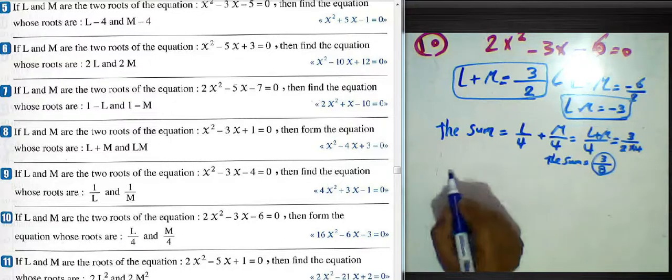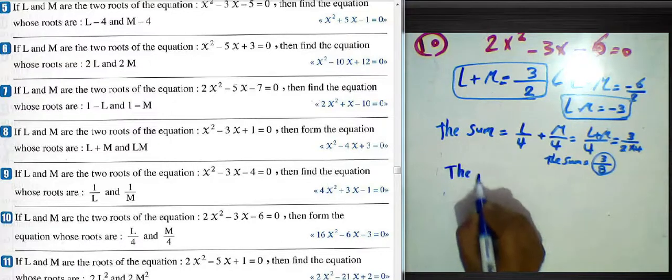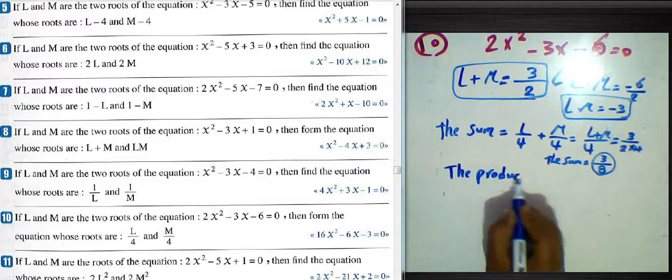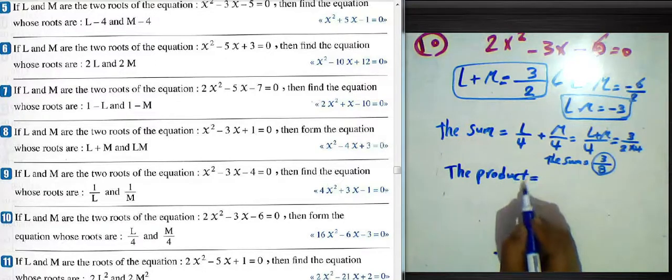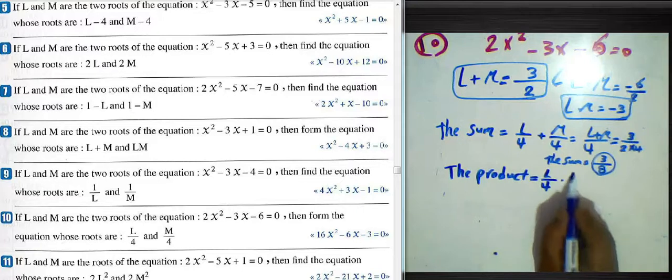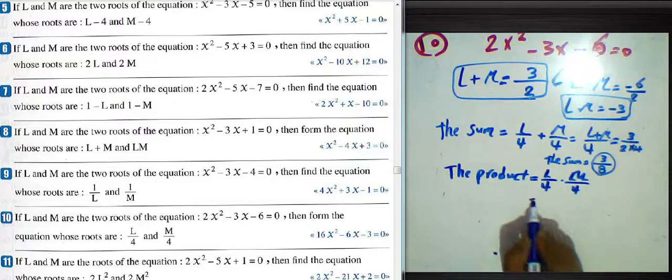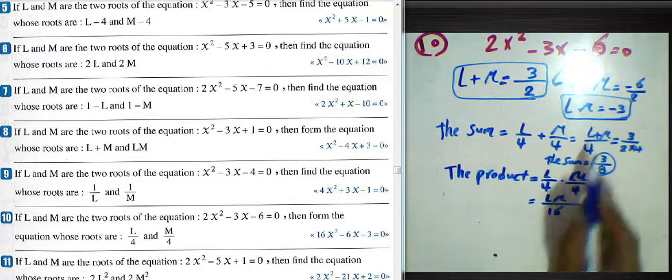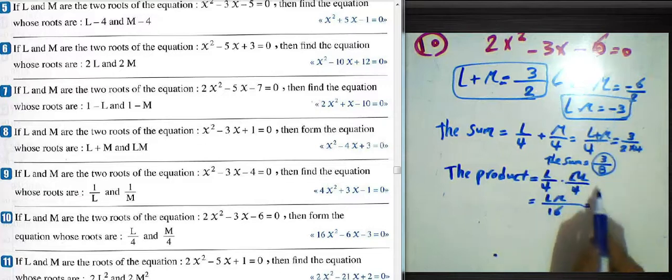And the product of the two roots. First was L over 4. Product M over 4. LM over 16. LM equal negative 3. Write negative 3 here over 16.